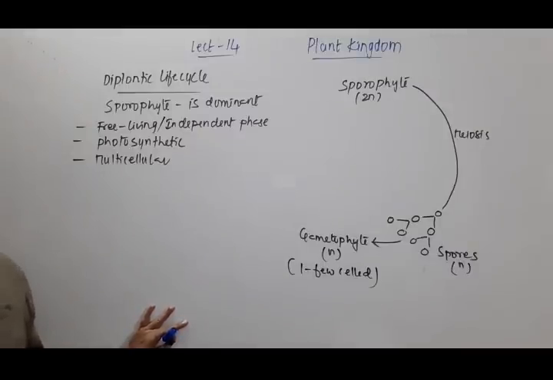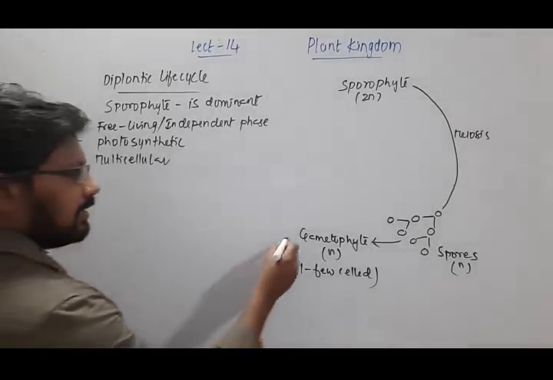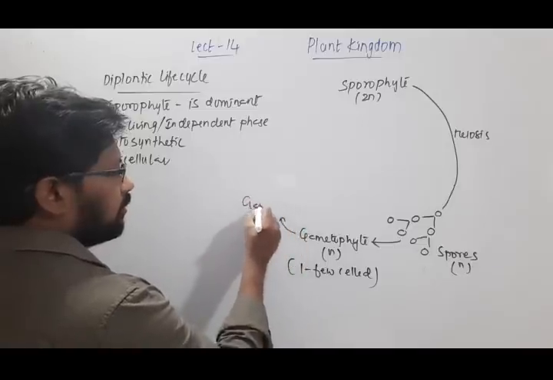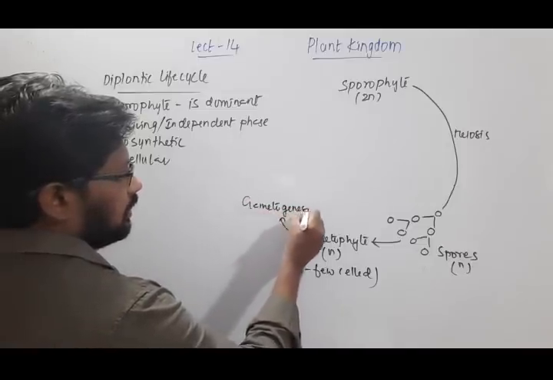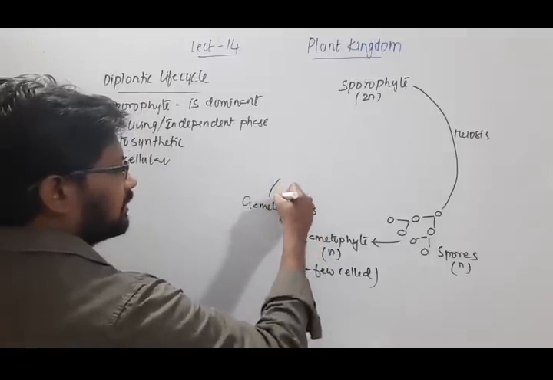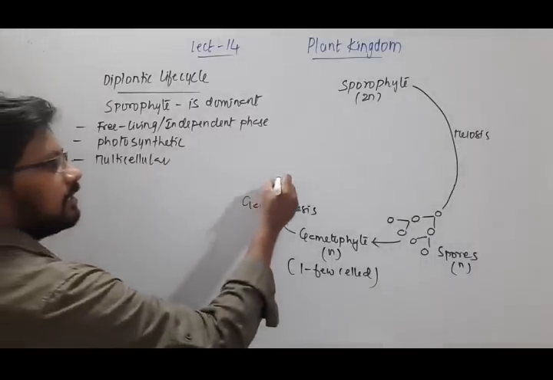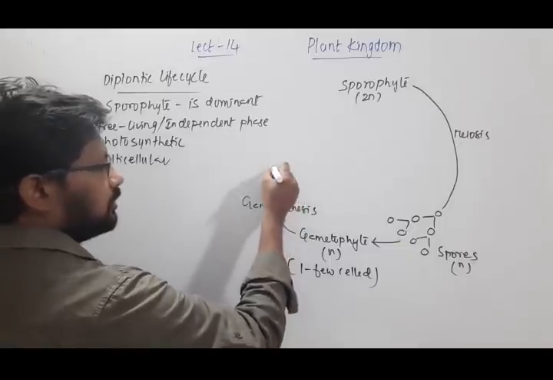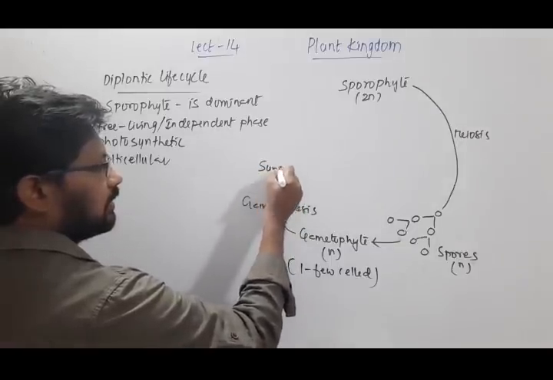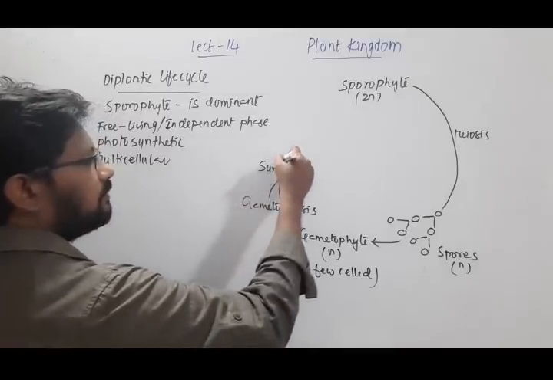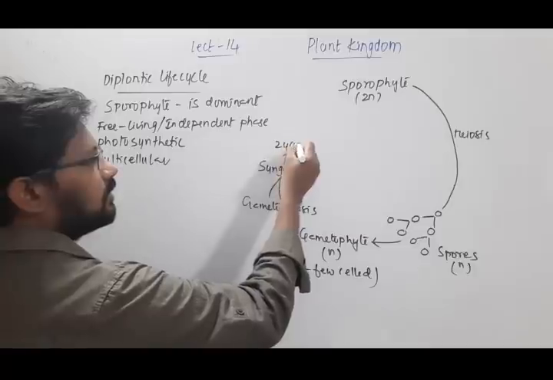We have seen in case of angiosperms the pollen grain is two celled, and in case of the embryo sac it has a few cells. And this gametophyte, by the process of gametogenesis, produces gametes, and these gametes undergo fusion, that is syngamy, that is fertilization, and result in the formation of zygote.